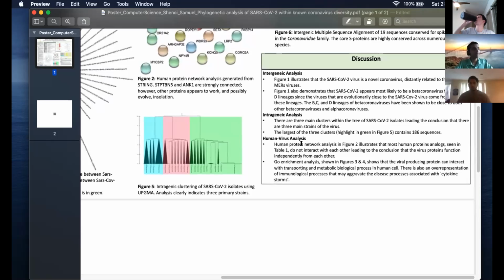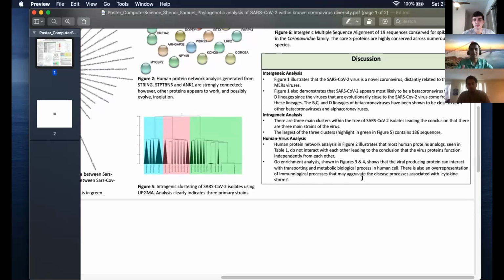And our human virus analysis showed that these proteins don't really interact with each other, which led us to the conclusion that they function independently of each other, or they might function independently of each other. And our GO enrichment analysis showed that an overrepresentation of immunological processes may aggravate disease processes associated with cytokine storms.